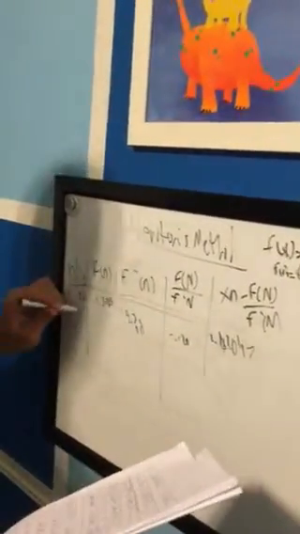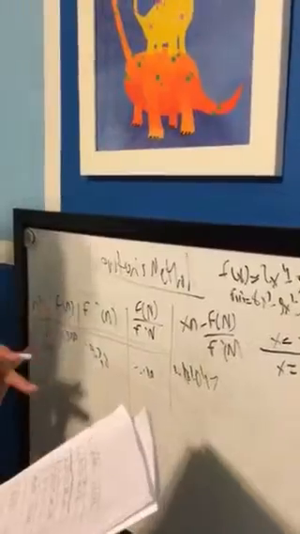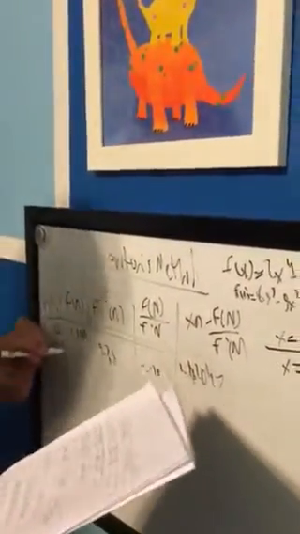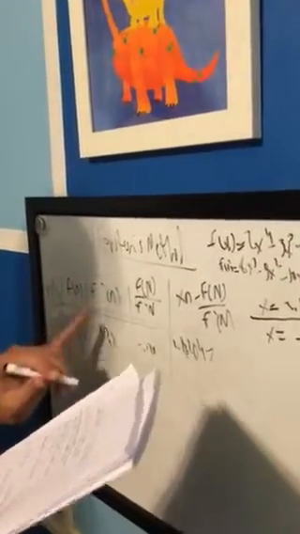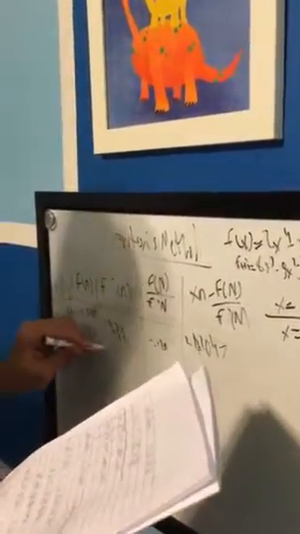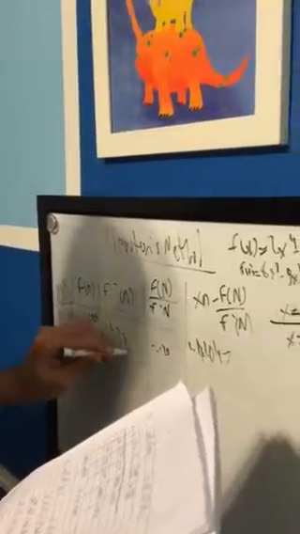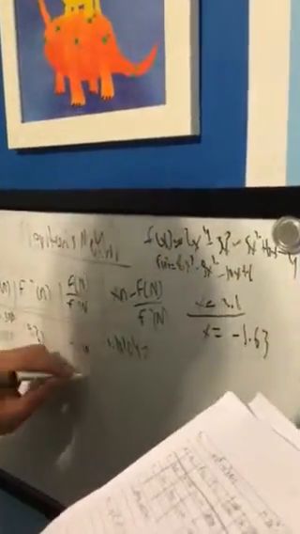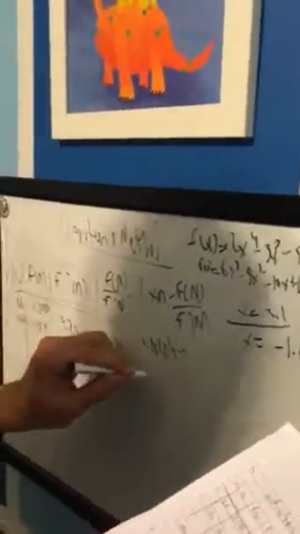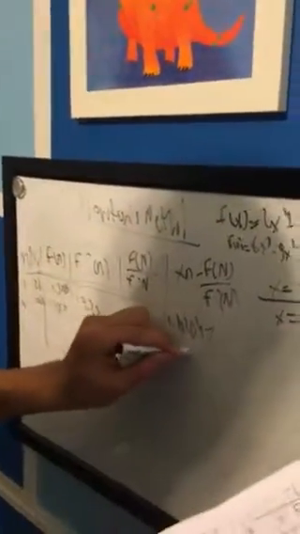We make this our new x value, 2.2040. We plug this new number into the function, and we get 0.44587. Then we plug it into the derivative, and we get 27.0046. Then we divide it, and we get 0.0165, and then we get 2.2039.